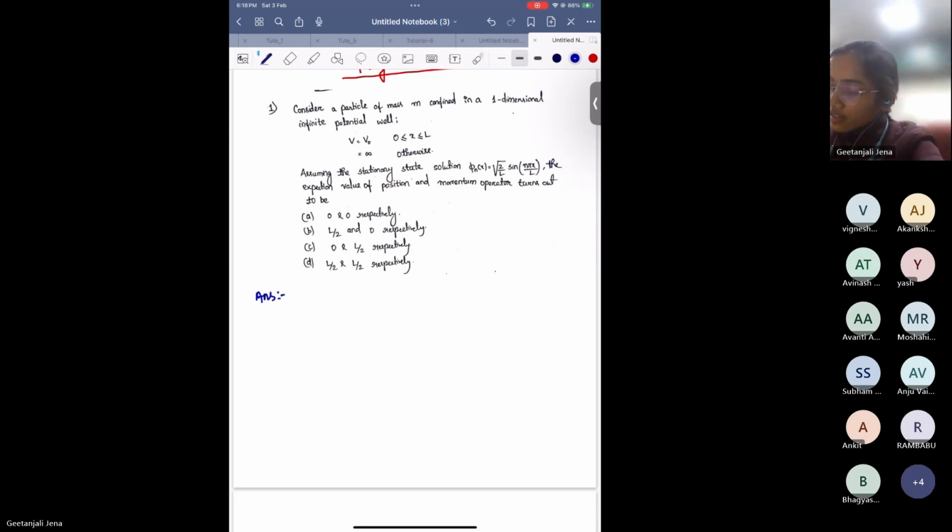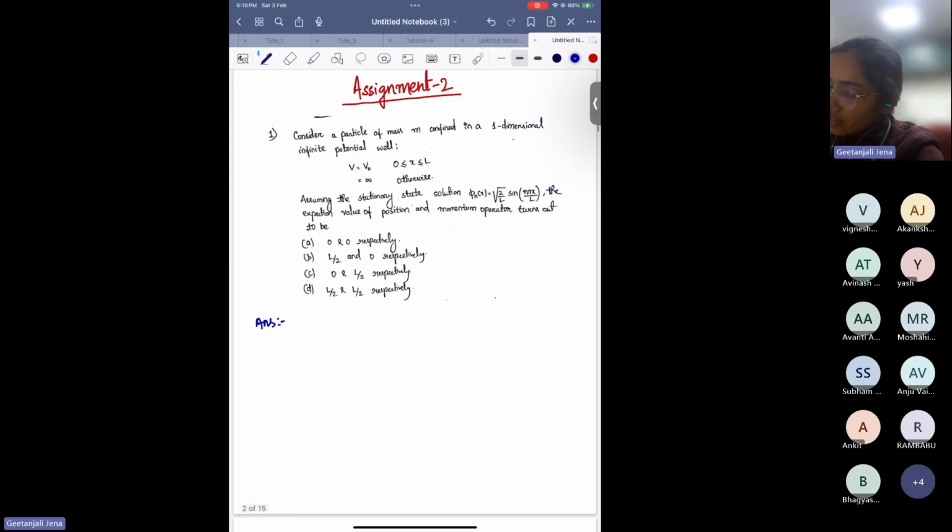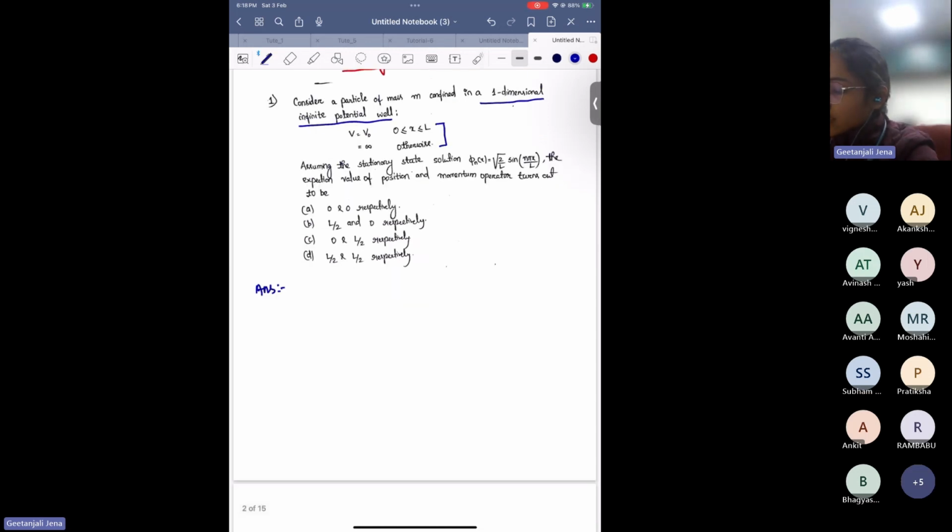So given, consider a particle of mass m confined in a one-dimensional infinite potential well, and this potential has this kind of configuration. So what is this asking?